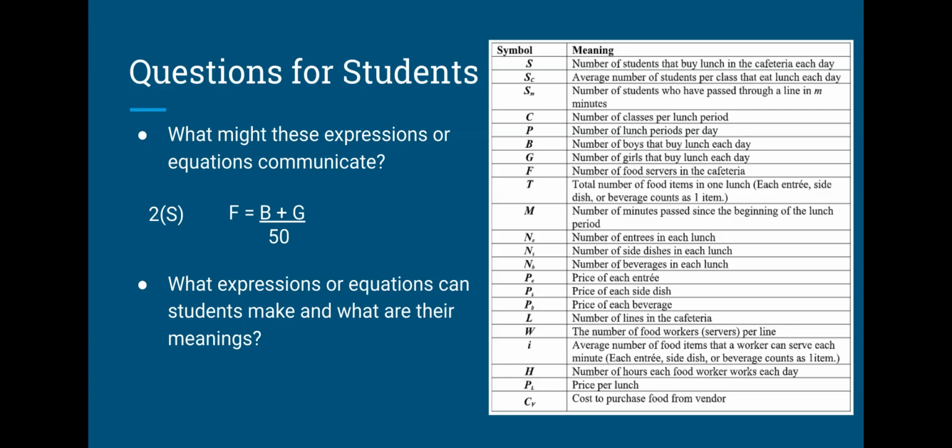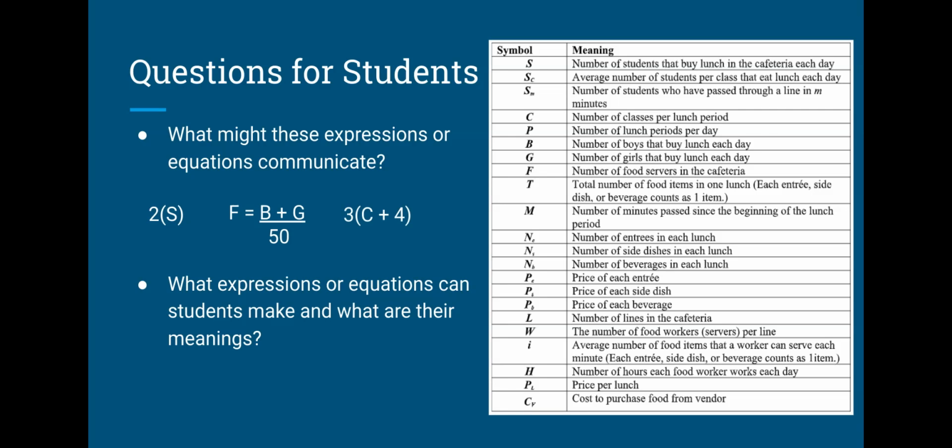So now the food servers are equal to the ratio of boys and girls to 50. So when we take the number of boys and girls and divide by 50, we have the number of food servers we're going to use. And so it's a ratio. It means something. It gives us the proportionality.